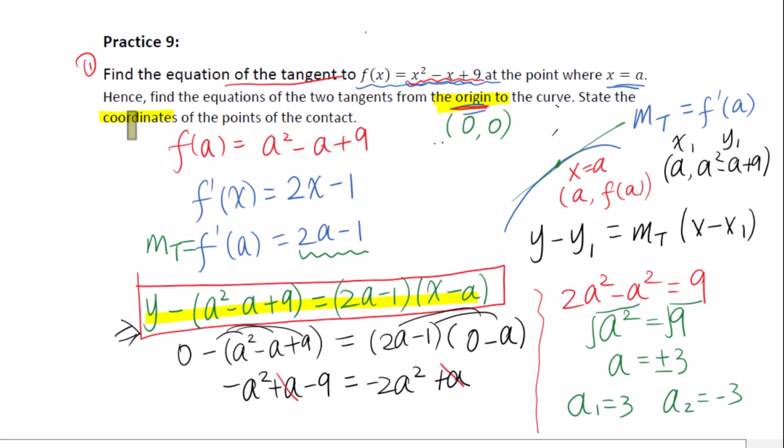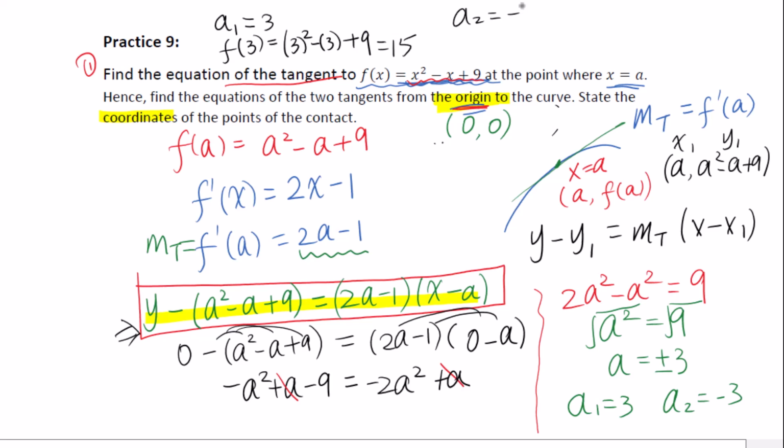Since we are looking for the coordinates of the points of contact, we need to plug 3 and negative 3 into f of x. So a1 equals 3. F of 3 equals 3 squared minus 3 plus 9 equals 15.